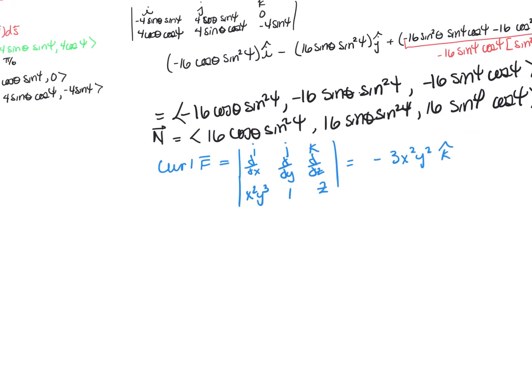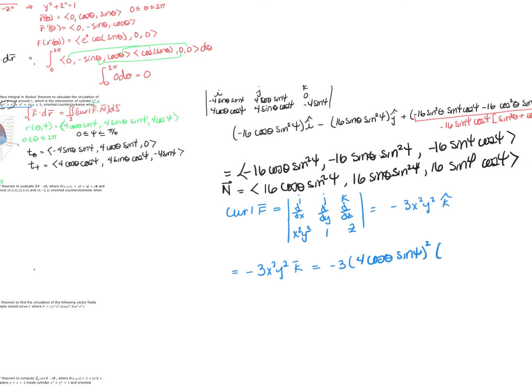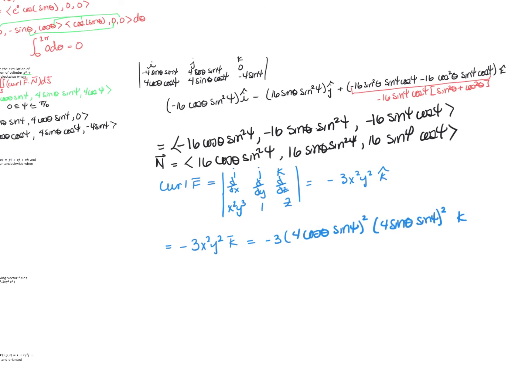So now, with the replacements, negative 3 x squared y squared in the k direction. Now remember, my x, going back to my r theta, is going to be 4 the cosine of theta, the sine of phi, the quantity squared, and my y is going to be 4 the sine of theta, the sine of phi, the quantity squared, in the k direction. That should be a hat, not a bar.